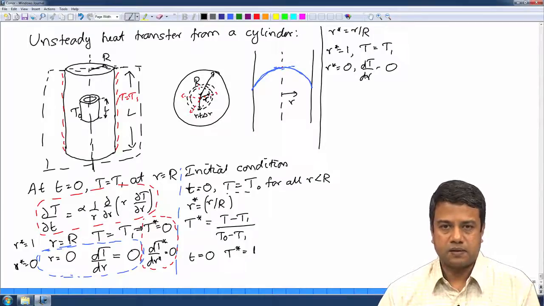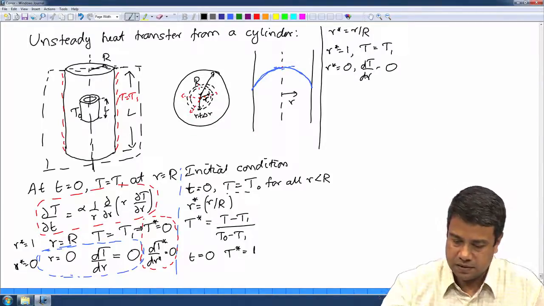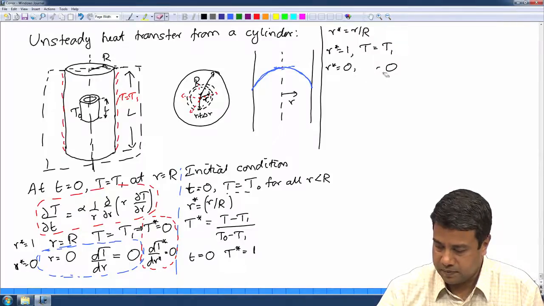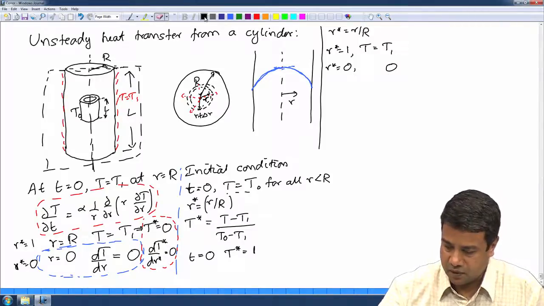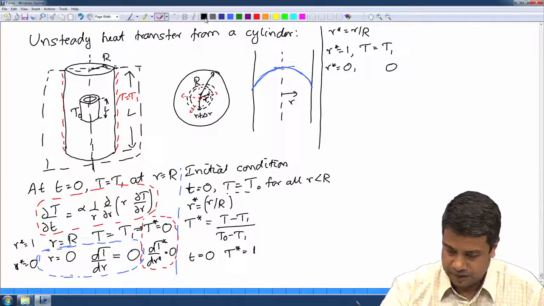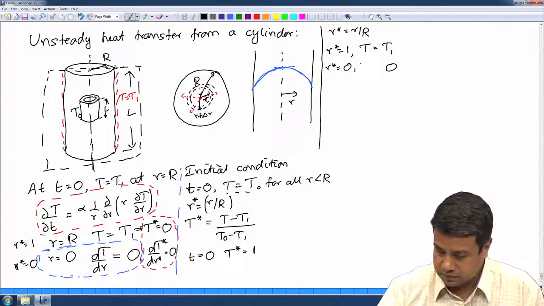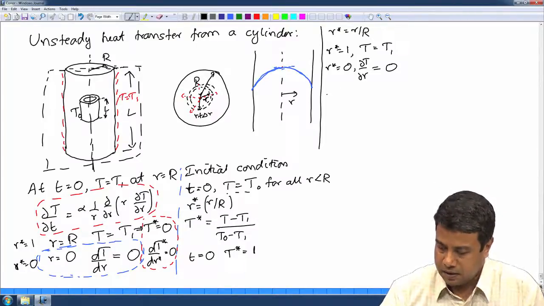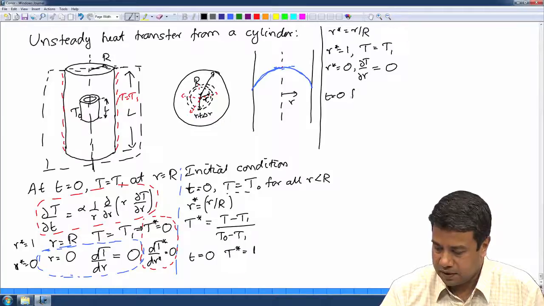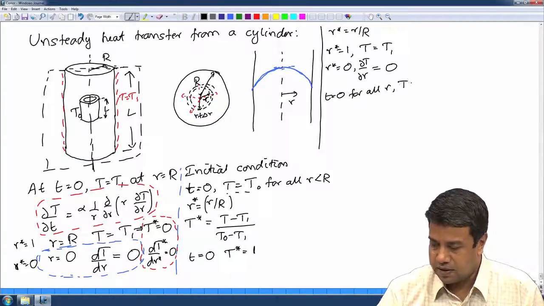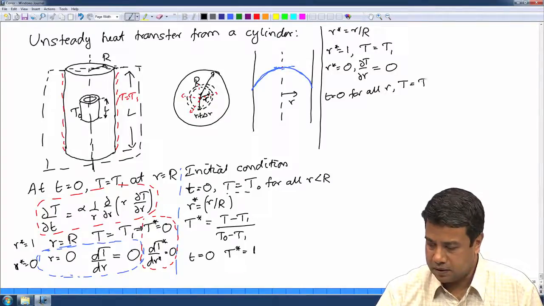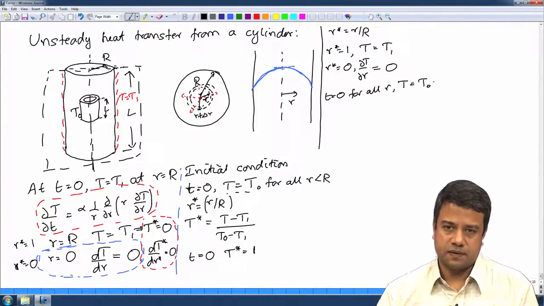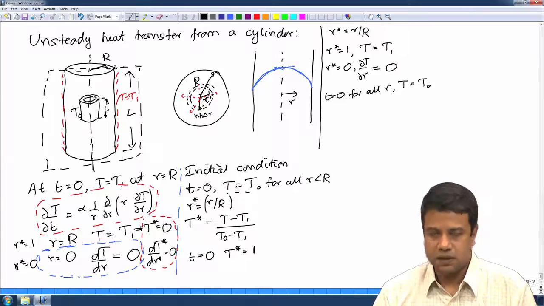I should actually use a partial derivative here, because the temperature is a function of both time and position. And at t is equal to 0 for all r, the temperature was equal to T naught. That was the initial temperature of this cylinder.